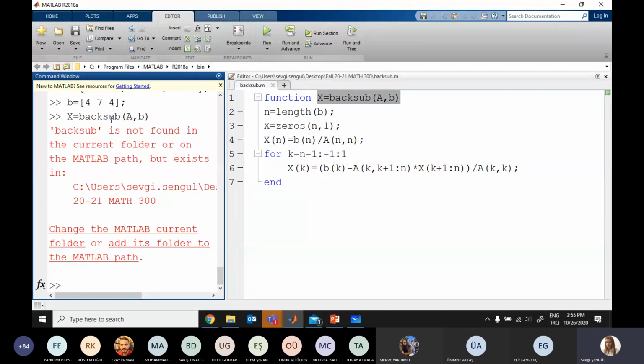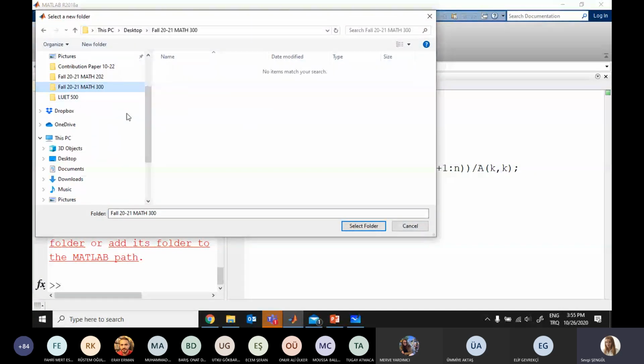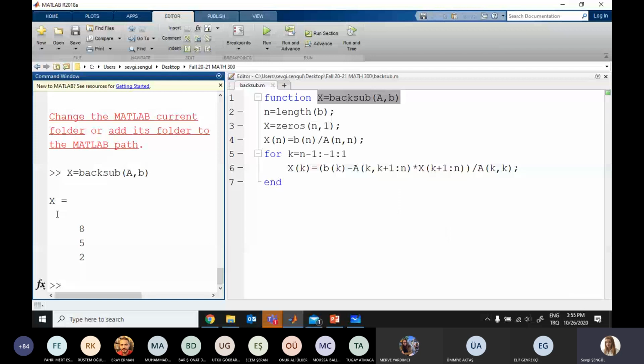And in bin there is no back substitution program. It says it is not found in the current folder. That's why I need to change my folder, because the program that I wrote, I put it inside this one. Now I can call it again and it will give me the result as 852.